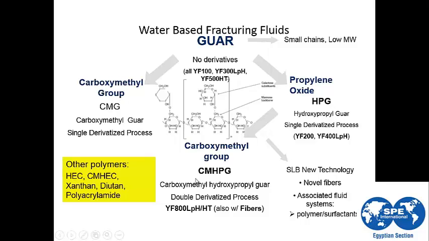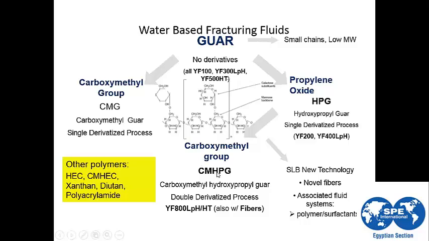If we have both of these derivatives, we have a double derivative process. This is called CMHPG. This CMHPG has one derivative from carboxymethyl guar and another derivative from hydroxypropyl guar, so we have two derivatives.